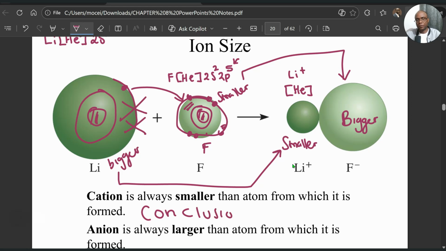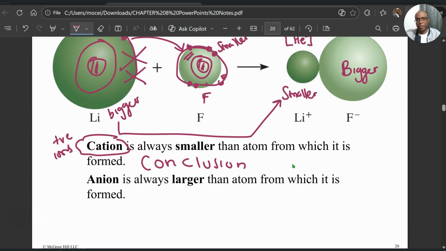In conclusion, cations, the positively charged ions, will always have a smaller atomic radius than the atom from which they are formed. And anions, the negatively charged ions, will always have a larger radius than the atom from which they were formed.